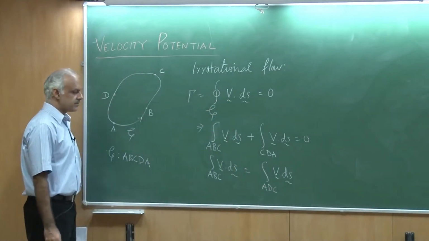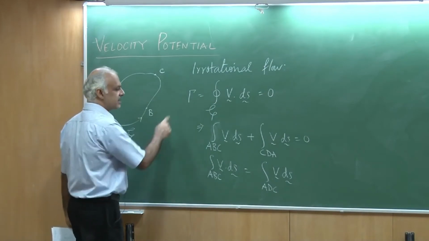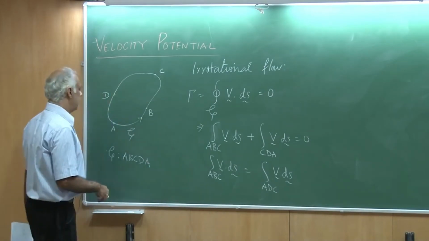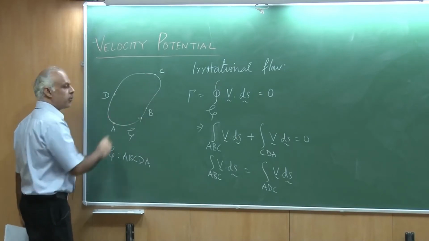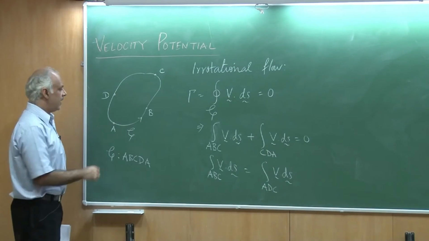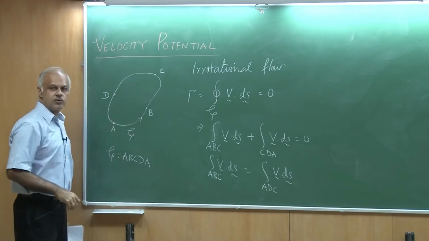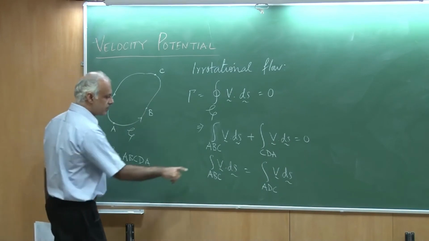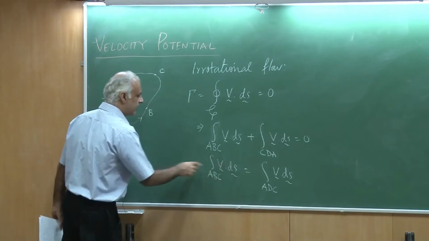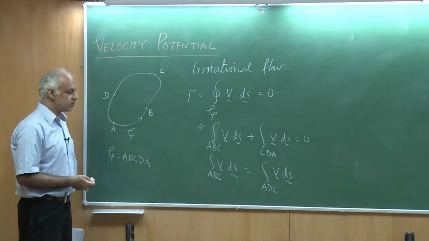Okay. So, what I am now saying is that because the circulation is 0, I am reinterpreting this whole thing as: let me fix any 2 points A and C, and I can take any arbitrary curve that goes through these 2 points A and C. And what I am now able to show you is that this V dot ds is independent of the curve that I choose.